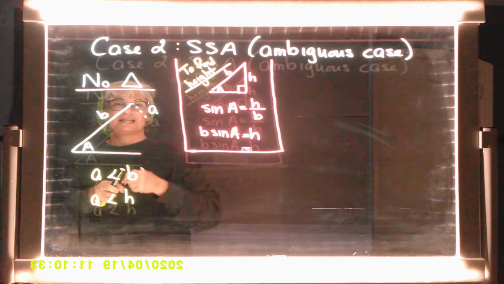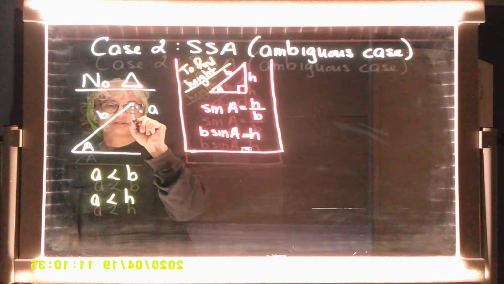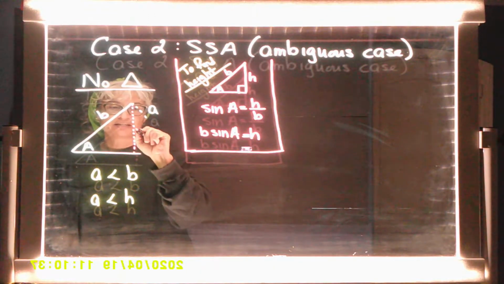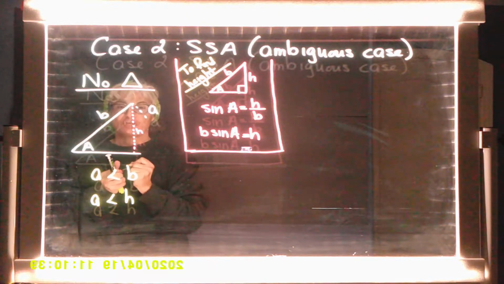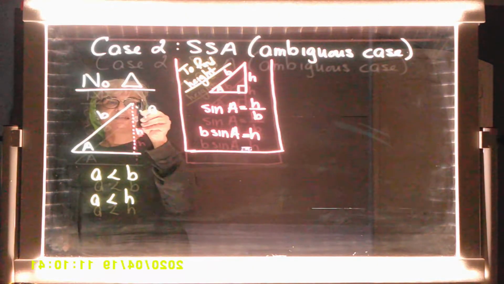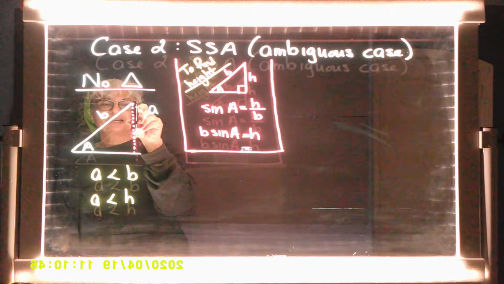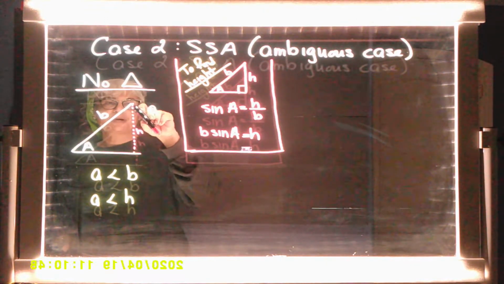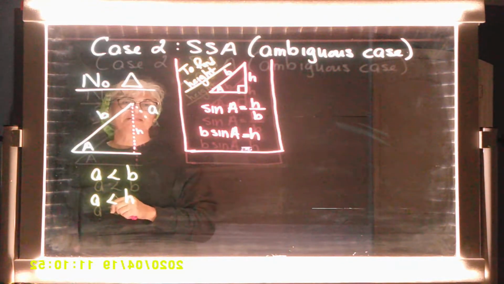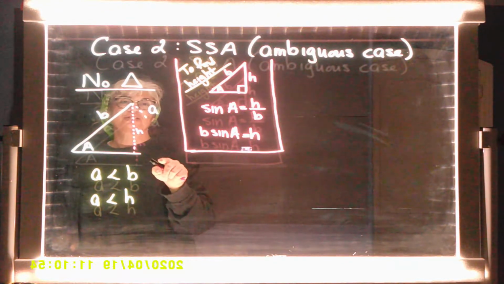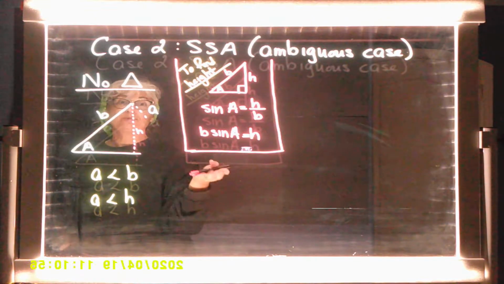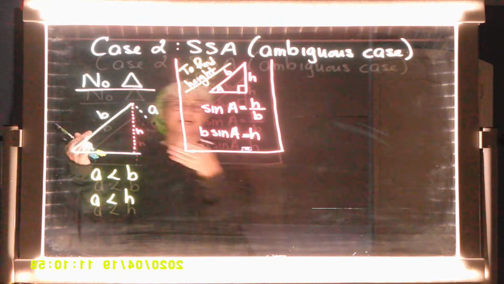Well, the height would be this side here, wouldn't it? So if side A is not only less than this B, but it's also less than the height, do you notice no matter which way I swing side A, it's not going to touch the bottom here, is it? So since it's not going to touch the bottom, I don't get a triangle whatsoever.